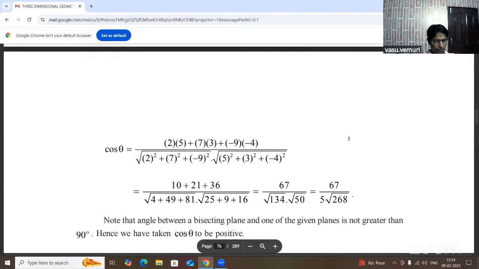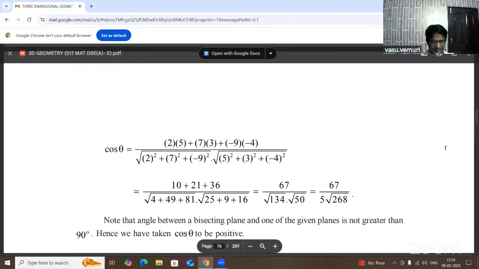To find the angle between the first bisecting plane and the second plane, cos theta equals A1 A2 plus B1 B2 plus C1 C2 according to their normals. We are getting 67 by 5 root 68.